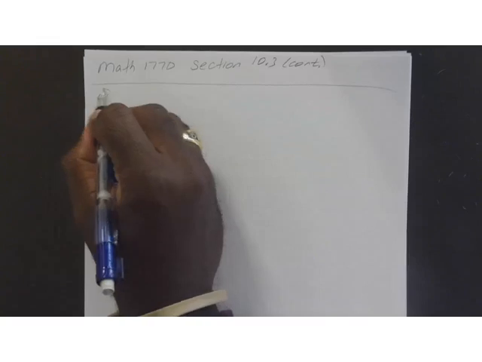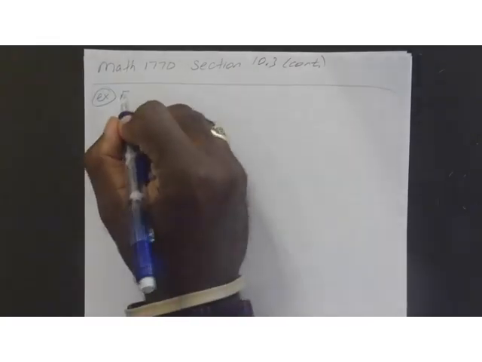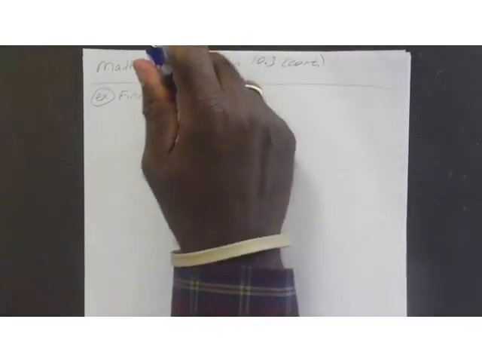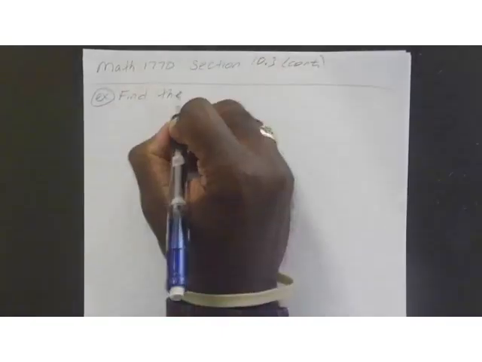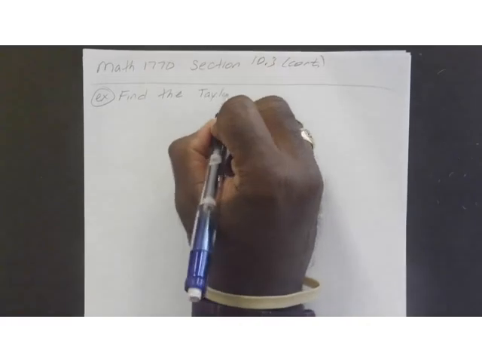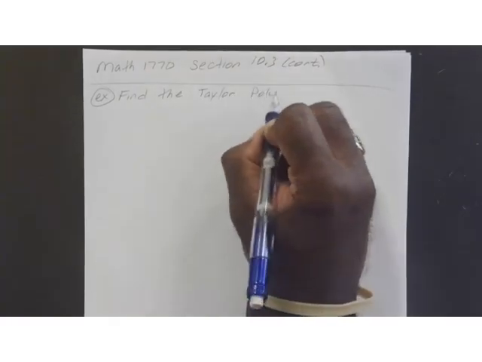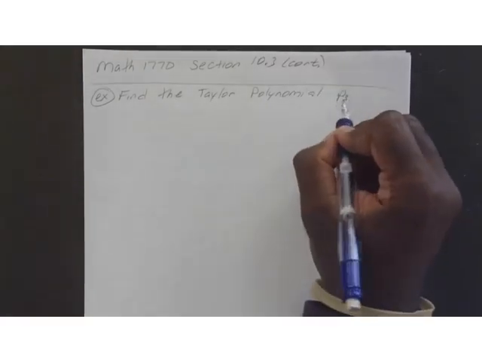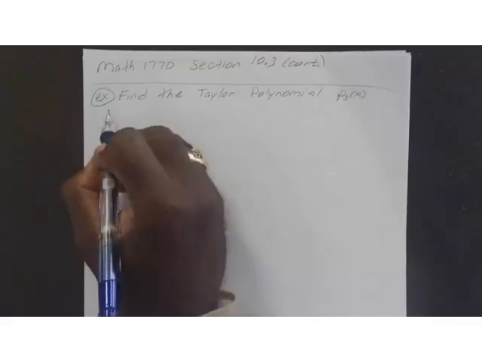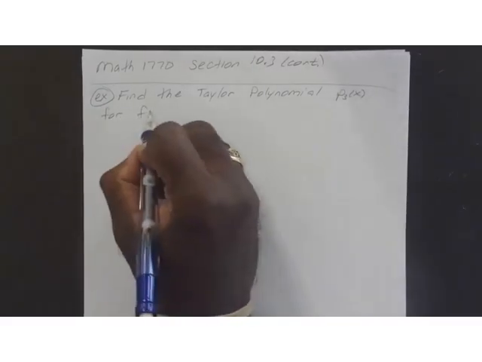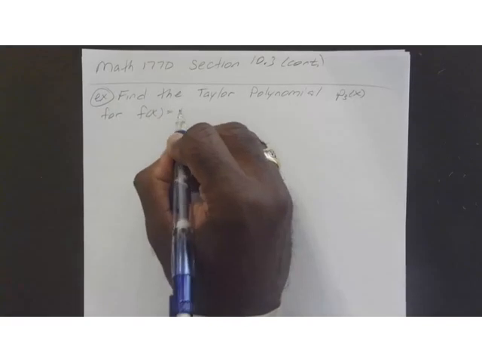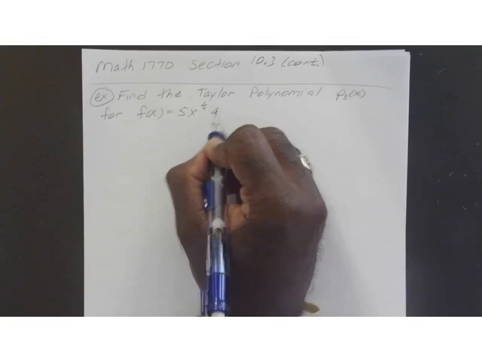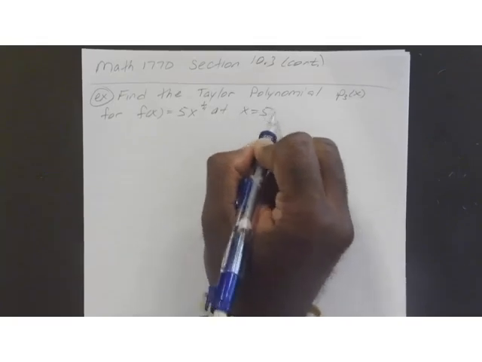Okay, so let's say, for example, if we wanted to find the Taylor polynomial p sub 3 of x for f of x is equal to 5x to the 1/4 power at x is equal to 5.